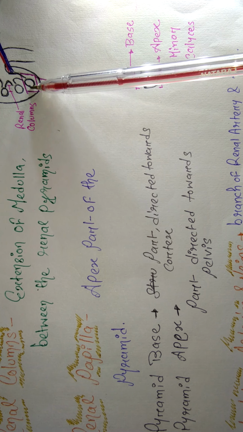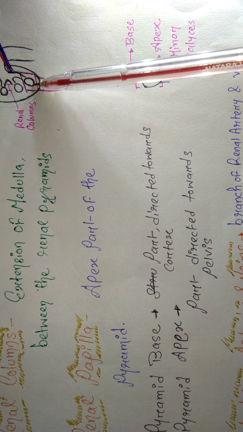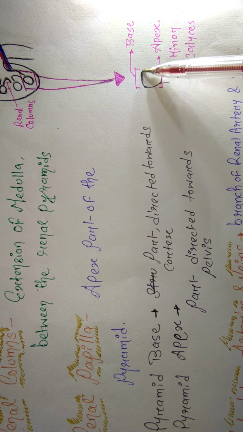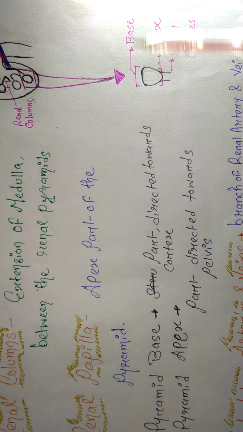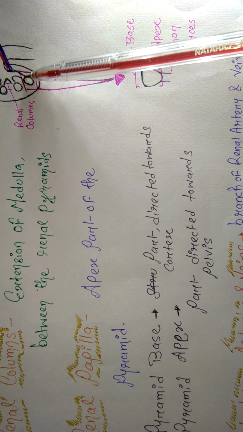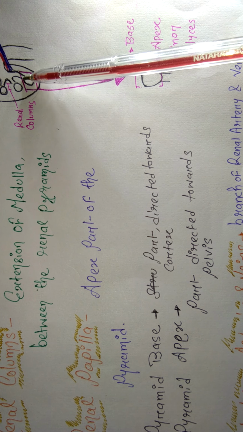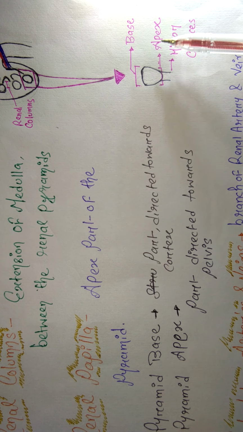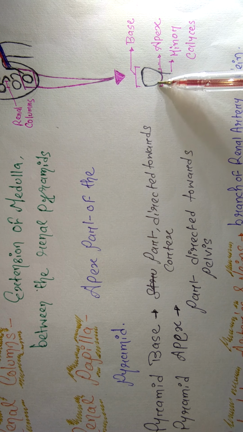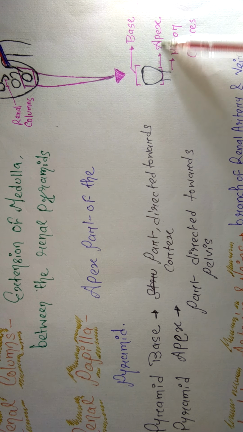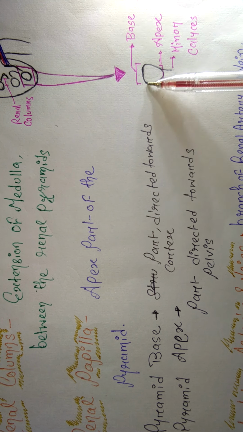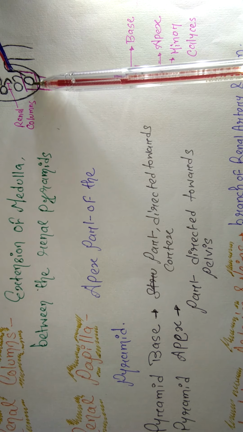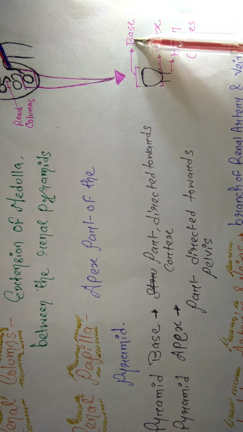The portion facing the cortex is called the base of the pyramid, and the portion facing the minor calyces is called the apex of the pyramid. So, base and apex.